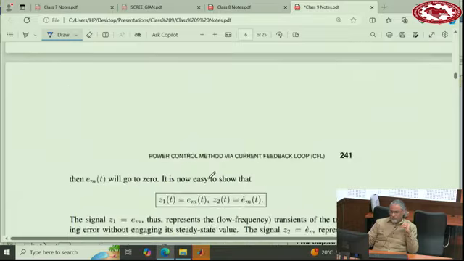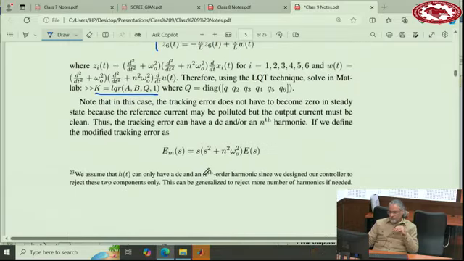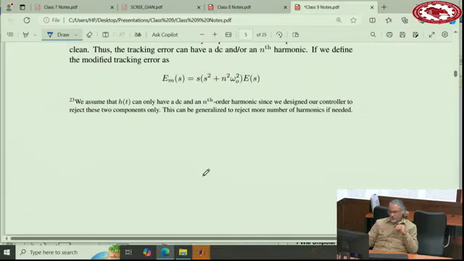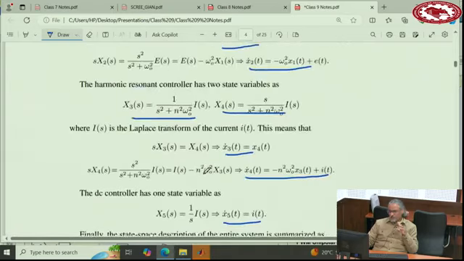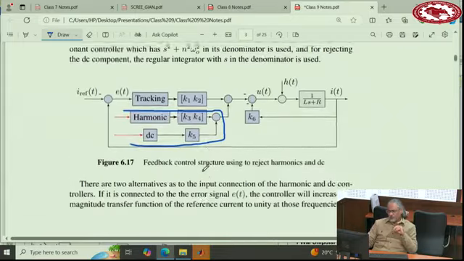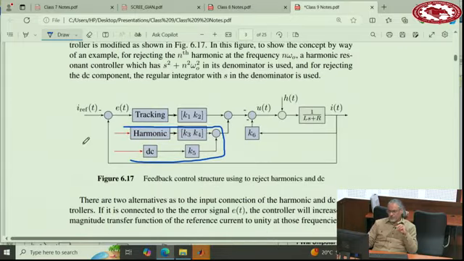Now, in this, there is a little mathematics here I don't want to engage in at this time, but let me just explain the big picture of what's happening, because in the steady state we don't need to go into details. So what we are saying is that here we apply a sinusoidal reference, right? Purely sinusoidal reference. And we would like our current to be sinusoidal.